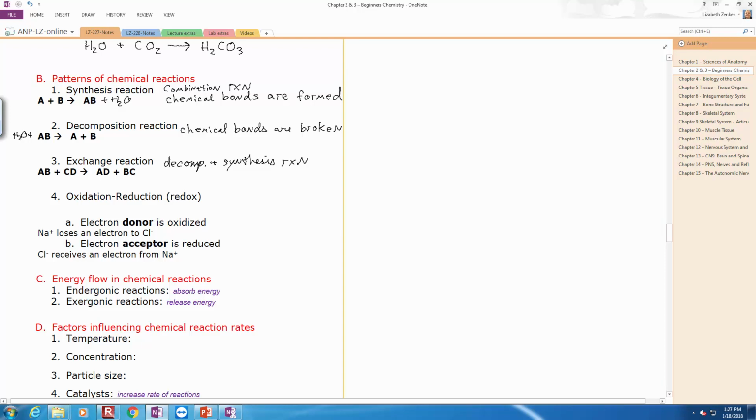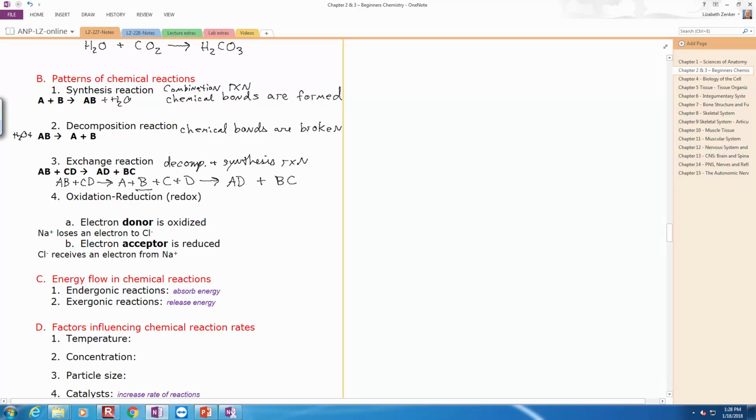So the generic equation we gave you there was AB plus CD yields AD plus BC. So what really has to happen here is if you had AB plus CD, first it has to get broken down, that's why it's a decomposition reaction first, into A plus B plus C plus D. And then it becomes a synthesis reaction to exchange or rearrange things around and form bonds again to give you the AD plus BC part of it.